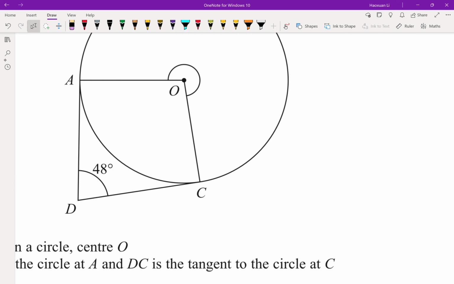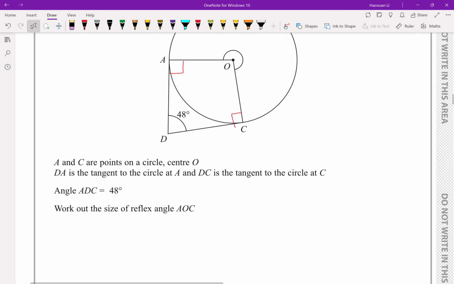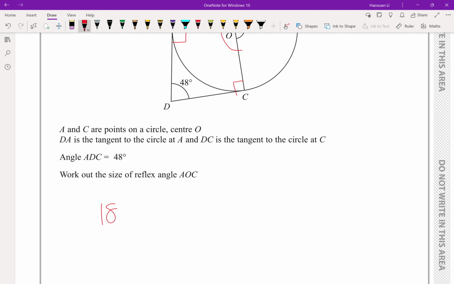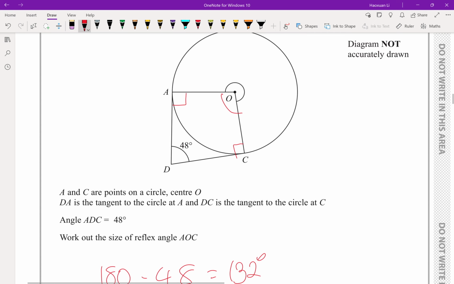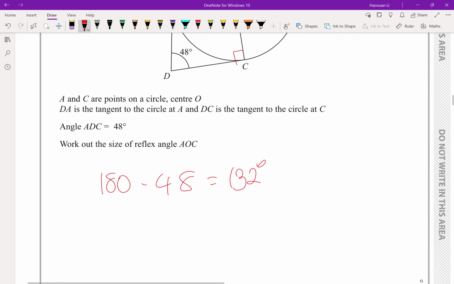Bear in mind, a radius meets a tangent at 90 degrees, so these two are definitely 90 degrees. And there's a theorem that this angle and this angle add up to 180. So 180 minus 48 is 132 degrees as this obtuse angle.